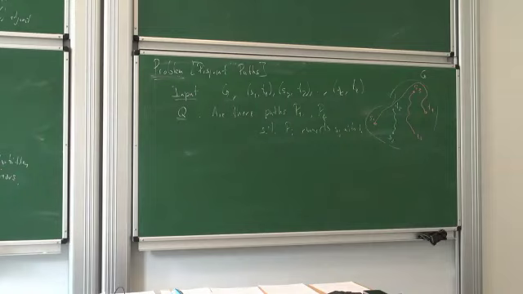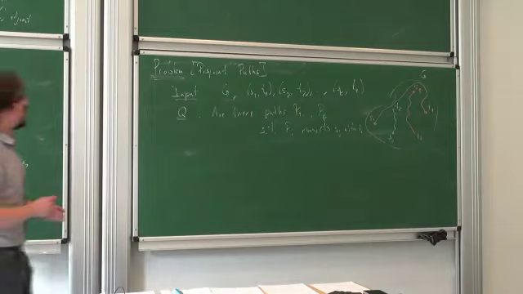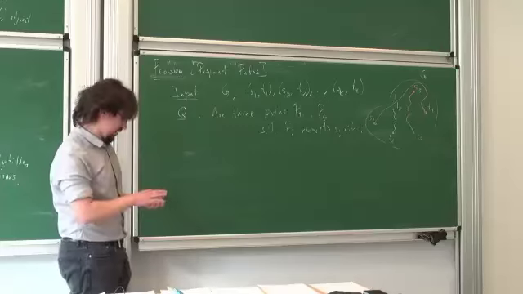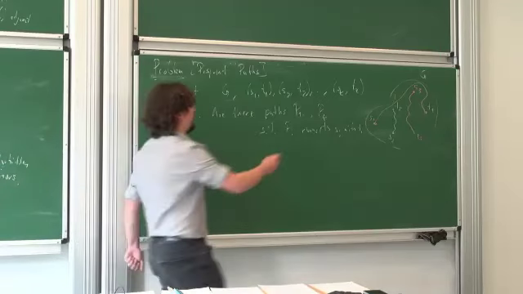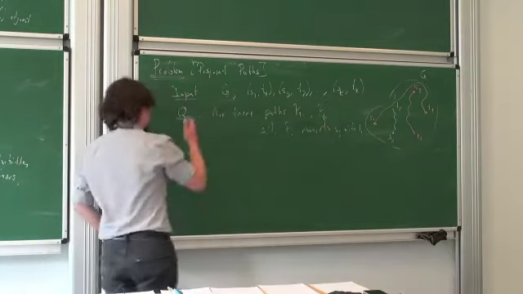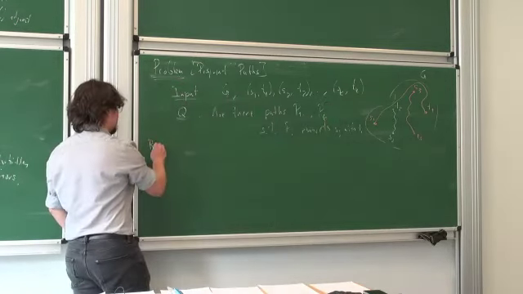But the thing is that it can be solved efficiently, and we will see in a moment in what running time for every fixed k. So maybe I will even state the result here.